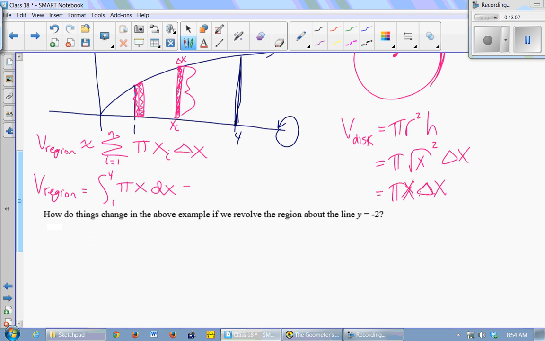So when I calculate this, I end up with pi x squared over 2. We take the antiderivative, plug in the 1 and the 4. So I have 8 pi minus pi over 2, which is 7.5 pi, 15 pi over 2.